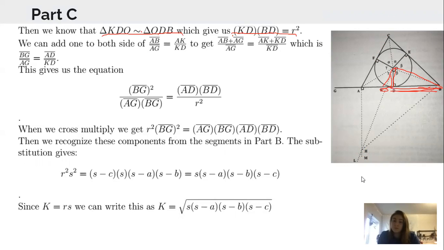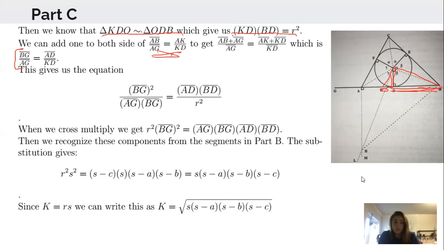And so we can also add one to both sides. This is the equation we had on the last slide, and we just get to add one. On this side we're going to use the form AG, and on this side we're going to use the form KD. So it's just adding a form of one to both sides. That's really important because it gives us this situation right here.